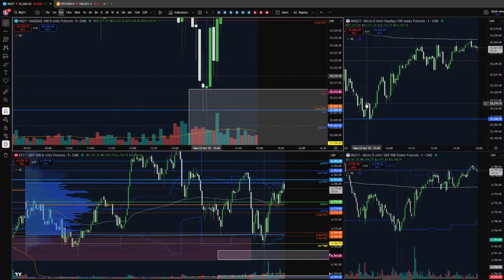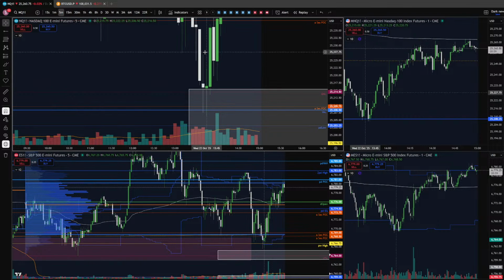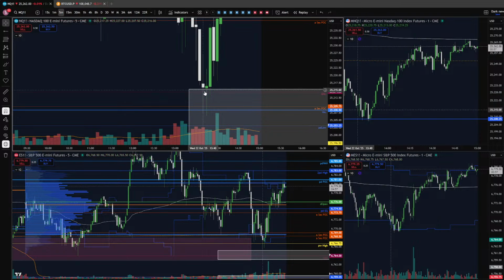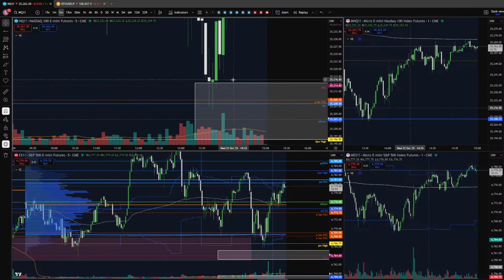But this had to be expected, because if the reversal candle is not strong per se, another take of the low has to be expected. Now, this is not to happen every single time.